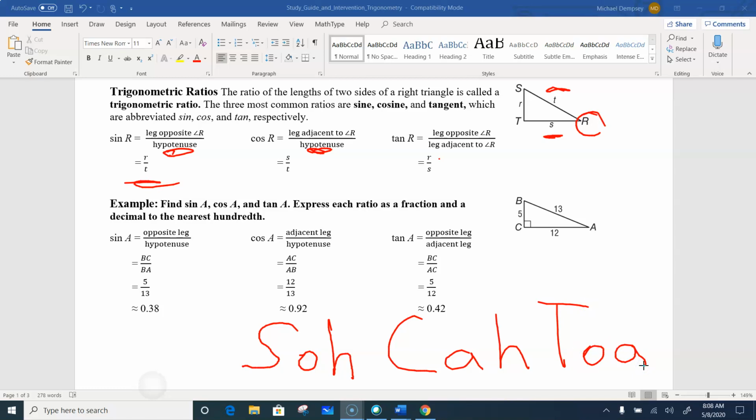So it's an easy little acronym for you to memorize and remember those ratios. SO, CA, TOA. There's lots of fun little stories that go along with that. But just remember that it's SO, CA, TOA, and you'll be able to remember those ratios as we unpack them.